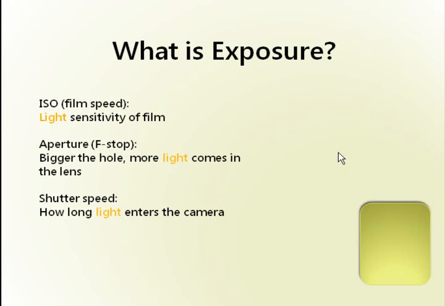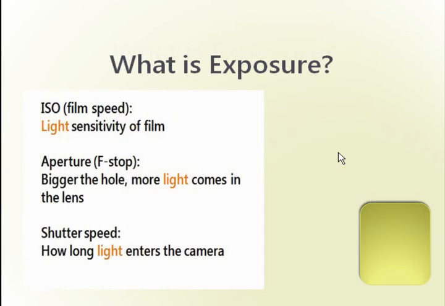But these are the three factors that affect exposure. Now you notice I have in each one of these a word that is highlighted, in a different color, that is involved in each one of these factors.